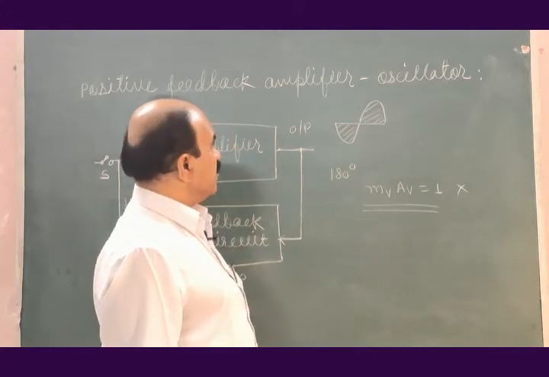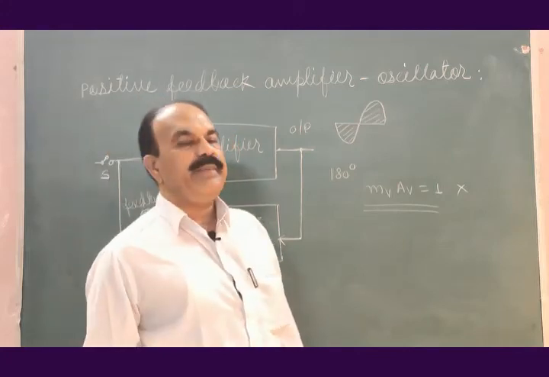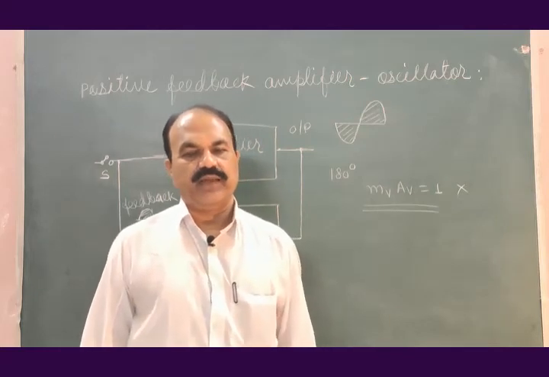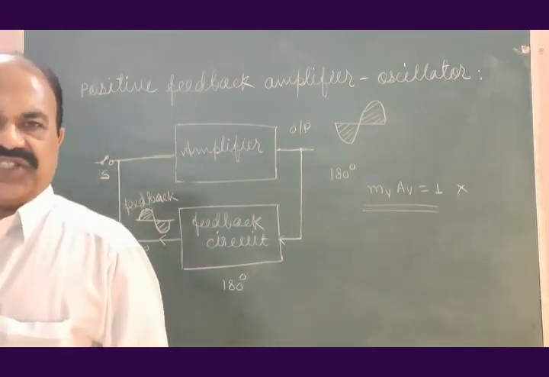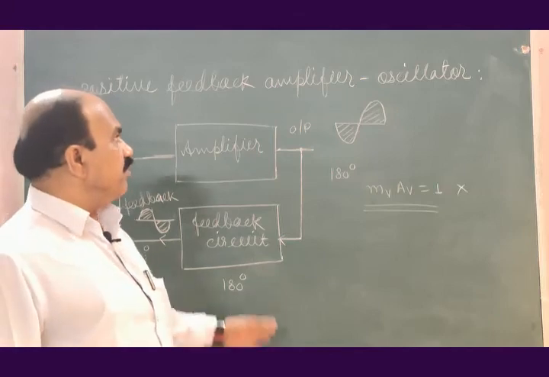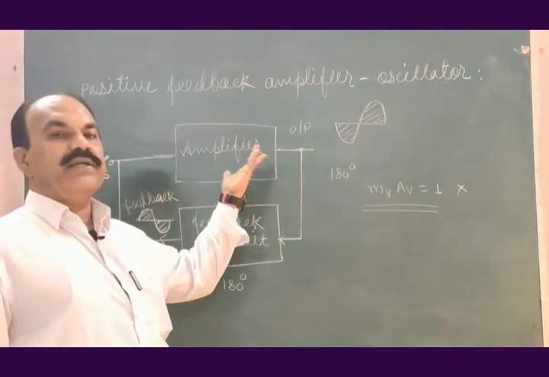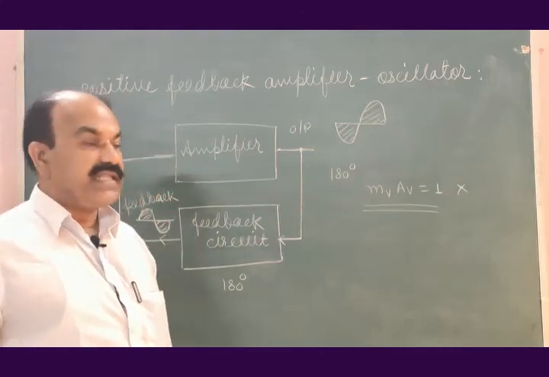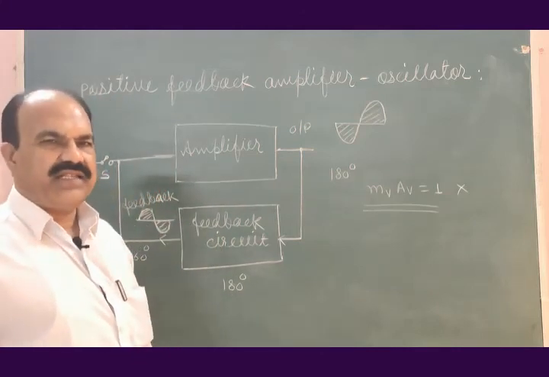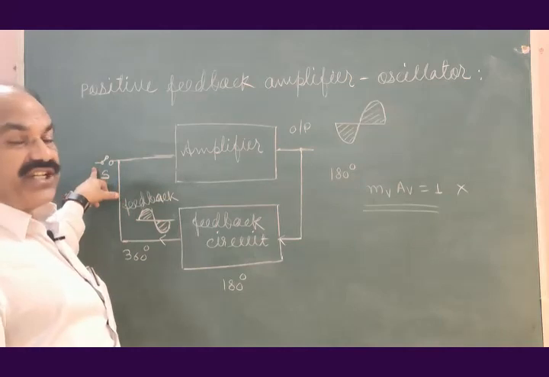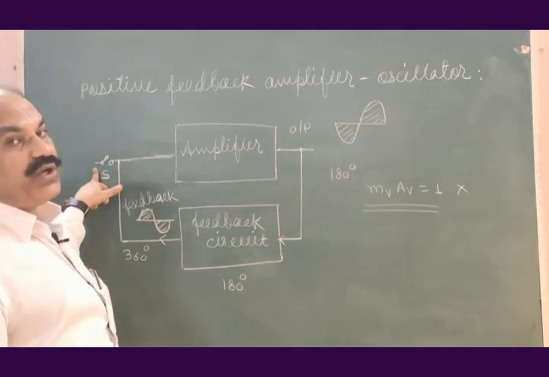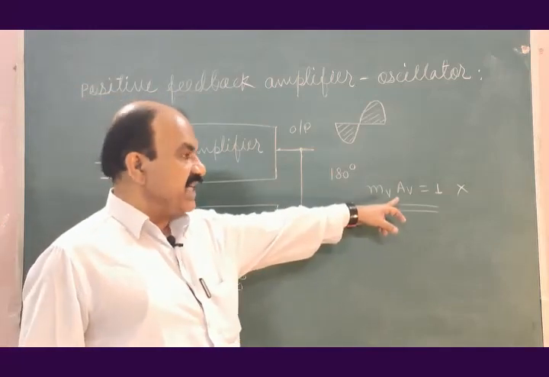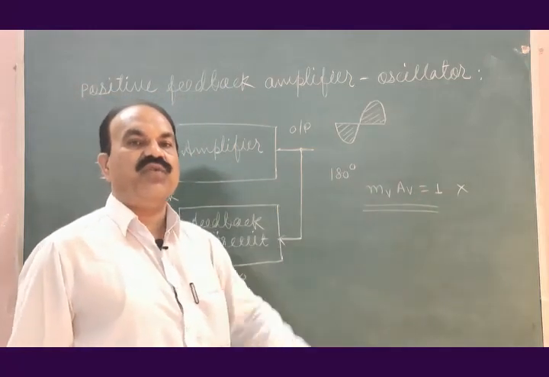So this is about the positive feedback amplifier oscillator. Hope you got it. This is a general idea about a positive feedback amplifier which works as an oscillator or sinusoidal oscillator, and the condition is there should be no input AC voltage and the circuit should meet this condition: Beta Av is equal to 1.